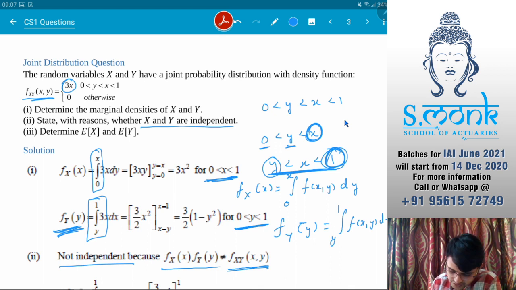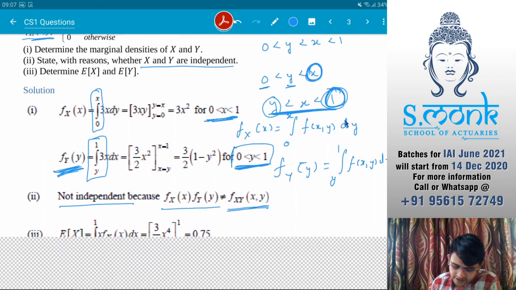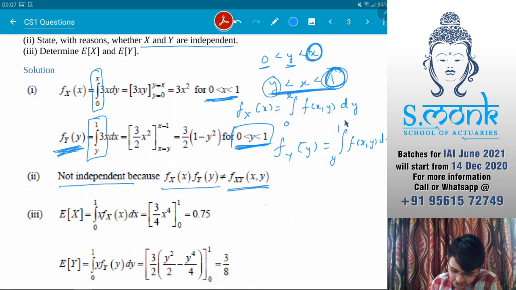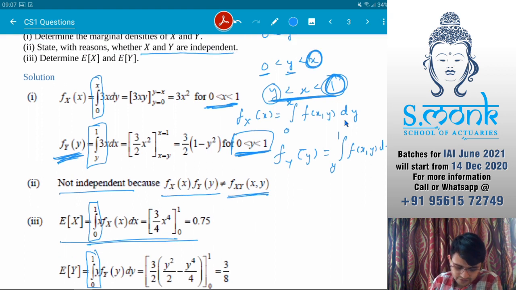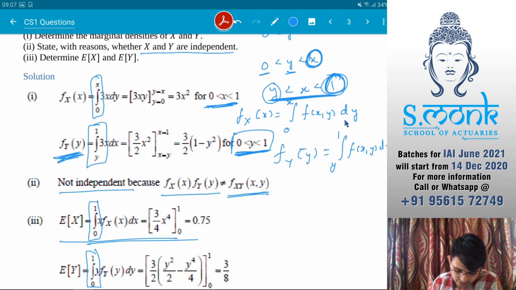So y is going from 0 to 1 because we have substituted all values of x here. That is why, if you are finding expectation now, you would take limits 0 to 1 here, and here also limits 0 to 1. It's just logical. If you think of it that way, you will always get that kind of question.